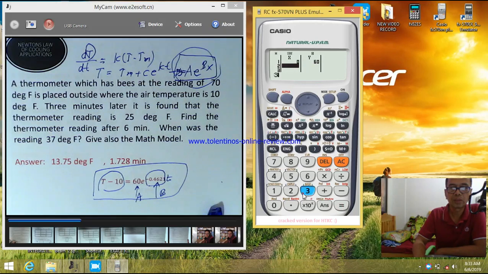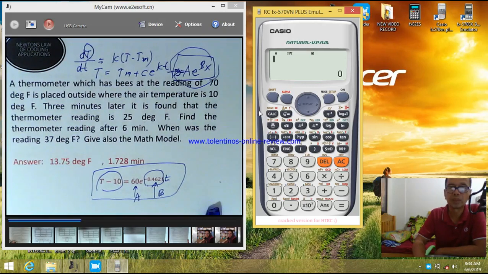Then after 3 minutes, the temperature difference is 25 minus 10, which is 15. So now you are prepared to get the values of A and B in the mathematical model. Enter shift 1, 5, get the value of A, that is 60, and then shift 1, 5, 5, number 2, and you get B as negative 0.4621.